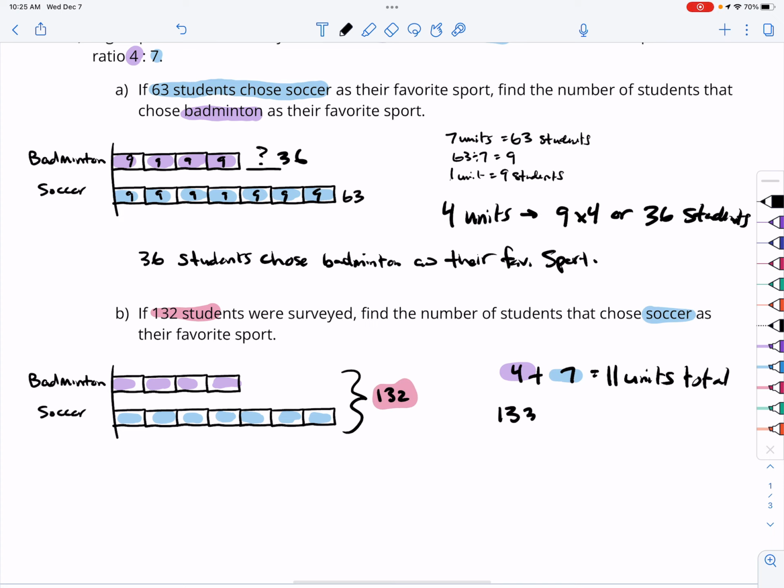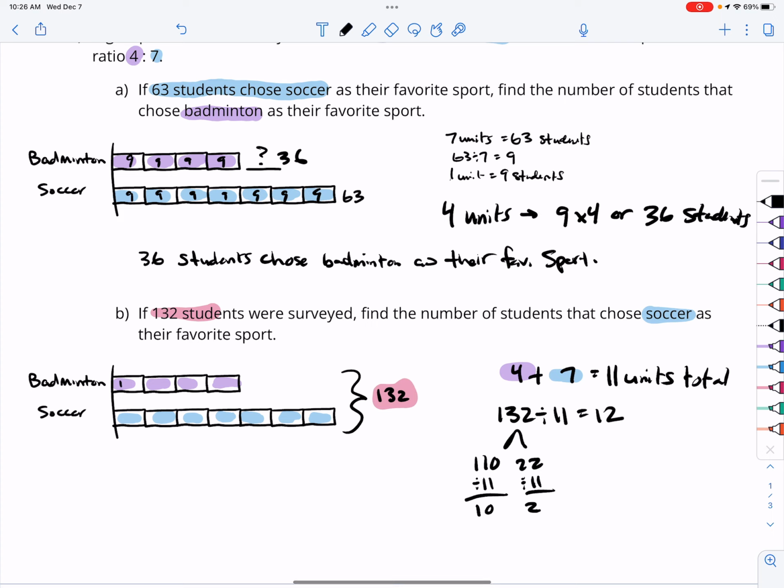So if I do 132 divided by 11, that's going to give us our number of students for each unit. Well, I know that this is a 110 and a 22, and 110 divided by 11 is 10. 22 divided by 11 is 2, so this is 12. Now, I have a hard time remembering 11 times 12, so that's why I needed that bit of work.